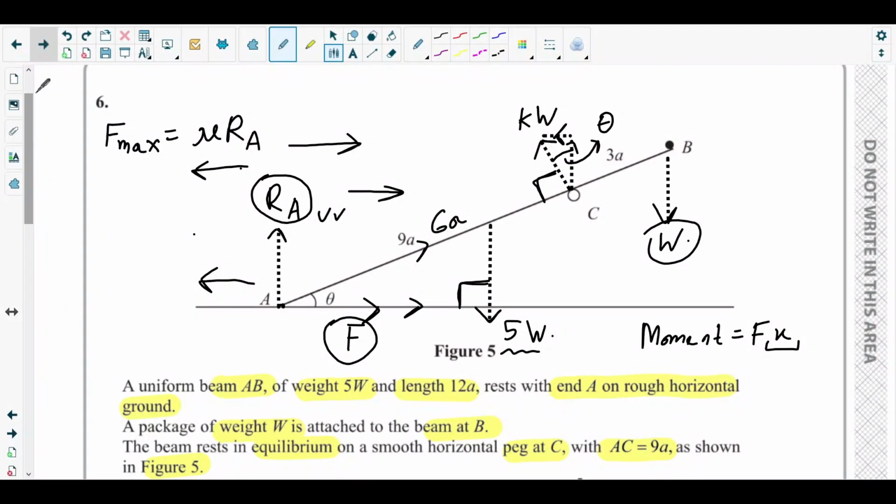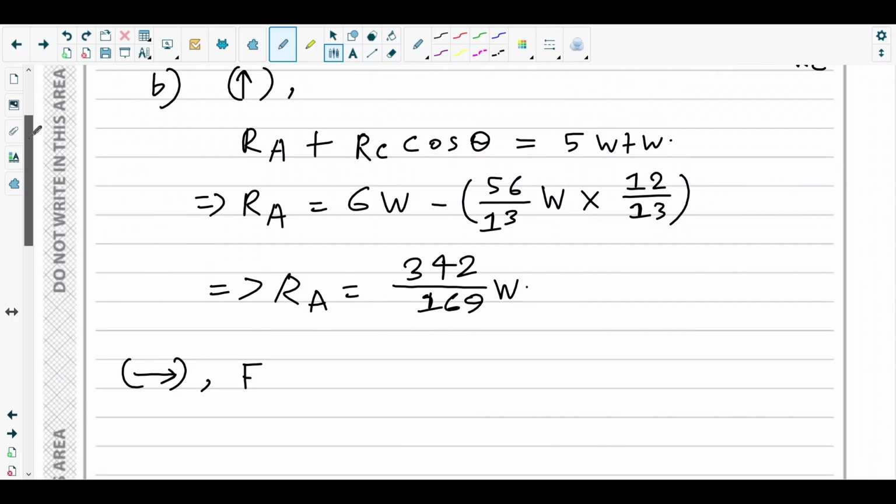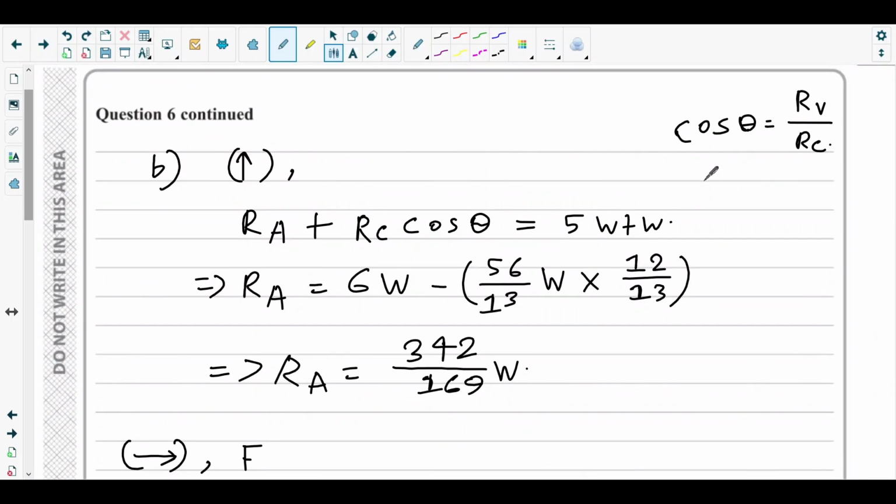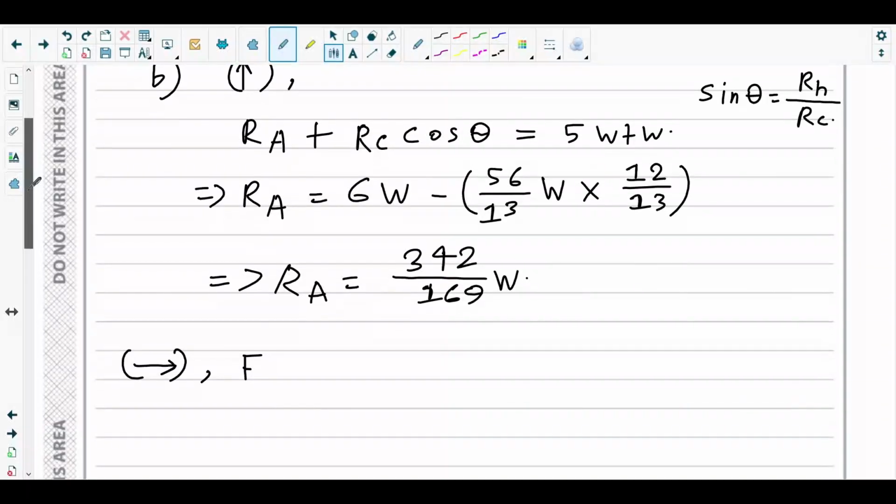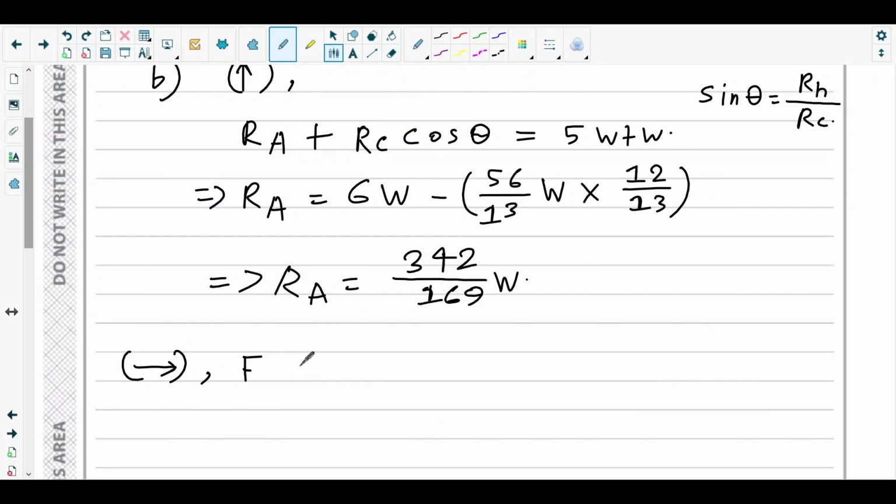So F equals the horizontal component of the reaction at C. This has to be found using sine theta. So sine theta equals horizontal component of the reaction at C over reaction at C, opposite over the hypotenuse. So the horizontal component is F equals RC sine theta.